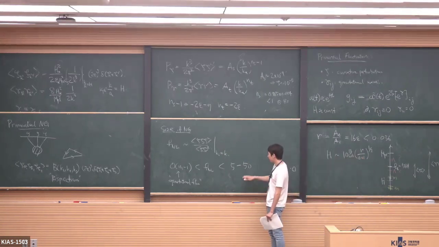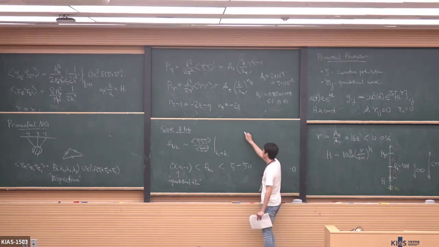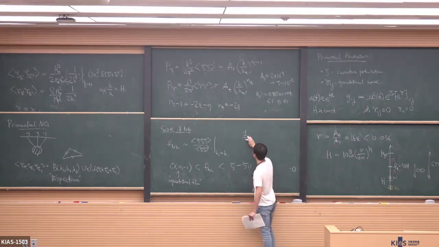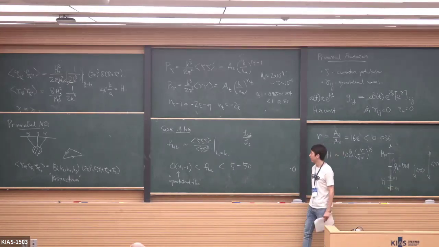And this FNL, if you look at it, you might not get a very good idea of what this is supposed to correspond to in terms of the actual size of the couplings in the Lagrangian.